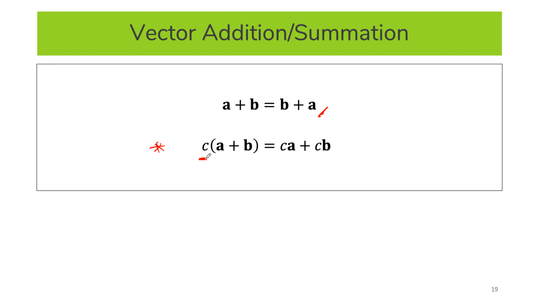If c is a scalar, a number, then on this side of the equation you add A and B first, and then you scale the resultant vector. On this side of the equation, you scale them individually first, and then you add them up. If you do this, they will be the same.